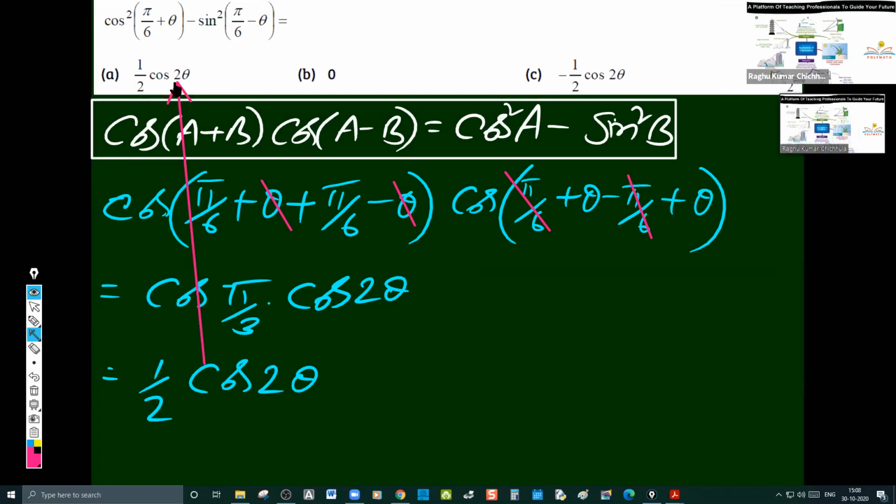Yes, put your pen on the paper, now you'll understand. Instead of cos square A, you can write 1 minus sin square A, and instead of sin square B, you can write 1 minus cos square B. Then simplify and tell me what it is.